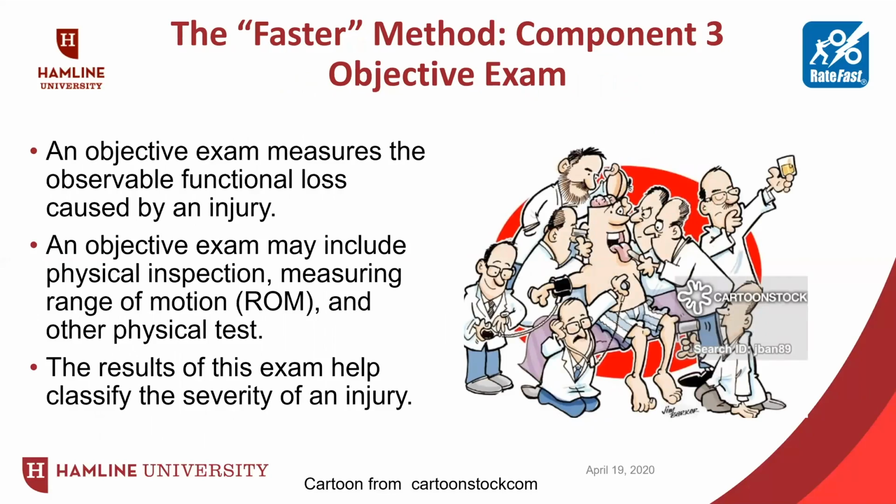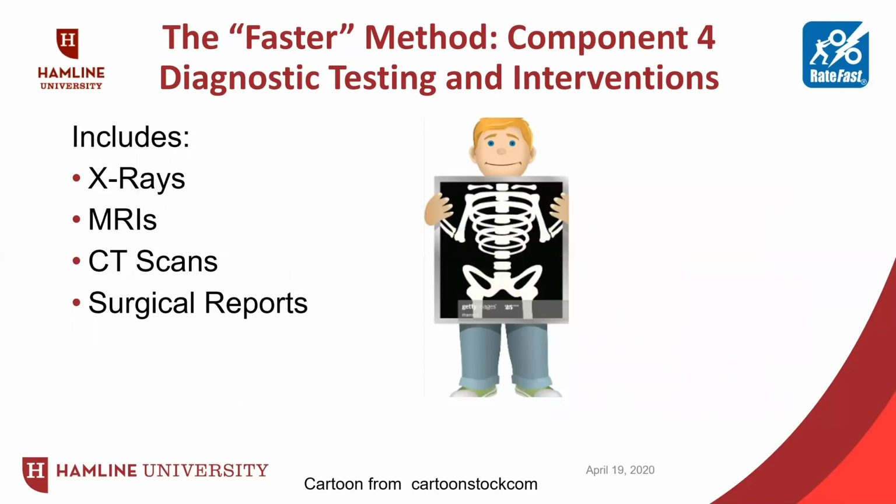Number 3 is a physical exam, and this measures, again, the functional loss caused by an injury. This exam measures such things as range of motion, other types of tests as well to classify the severity of the injury. And the 4th is X-rays, MRI, CT scans, other diagnostic tests and interventions that have to be done.